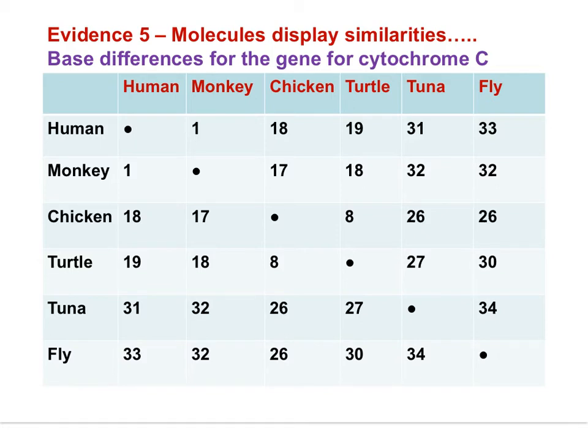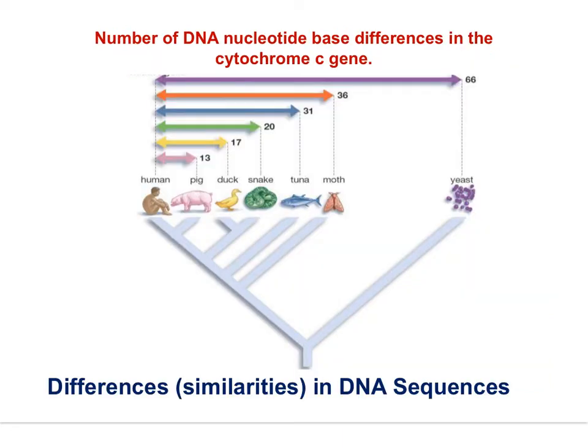The human and the monkey are more closely related than the human and the fly because their common ancestor lived more recently in time, thus less time has passed for mutations to accrue. In this diagram, examining base differences among species for the cytochrome C gene, you can see evolutionary relationships more clearly. Keep in mind that time is running along the y-axis.